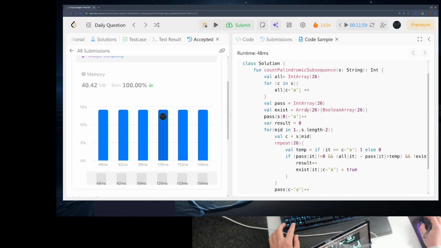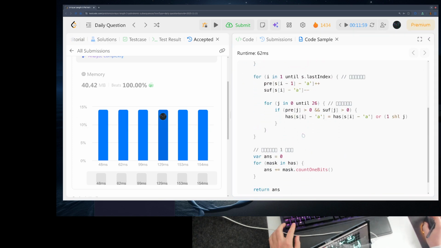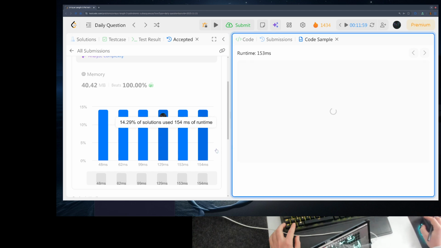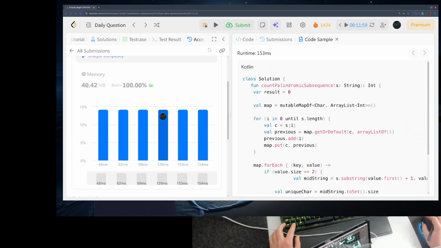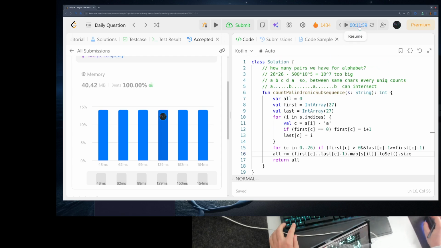We can use some optimizations, like a Boolean array to count how many uniques they have. But essentially it is the same algorithm. Yep, this is like a bitmask. Yep, that's it. Now you can watch how I solved it in 11 or 12 minutes.